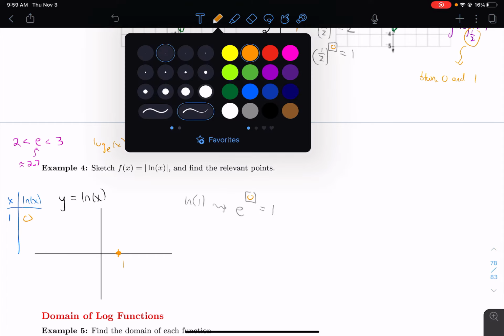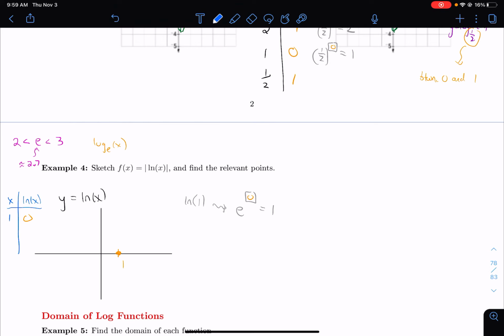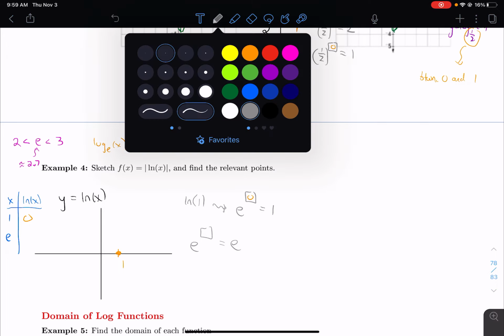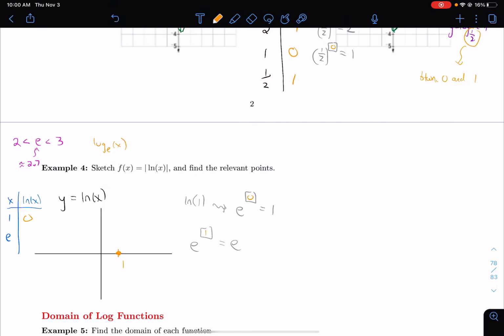Well, what's another nice number I could plug in? Because the base of this log is e, I need to plug in perfect powers of e. So e works. If I plug in e, I want to know e to what power equals e. That exponent's got to be 1. So if I plug e in, the output is 1.